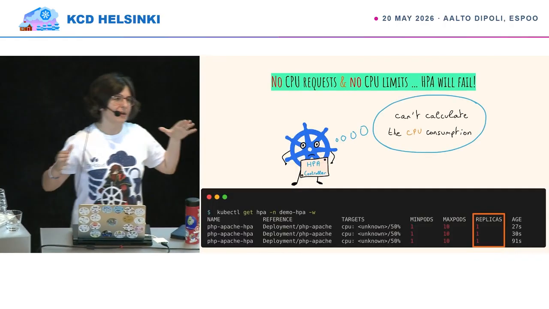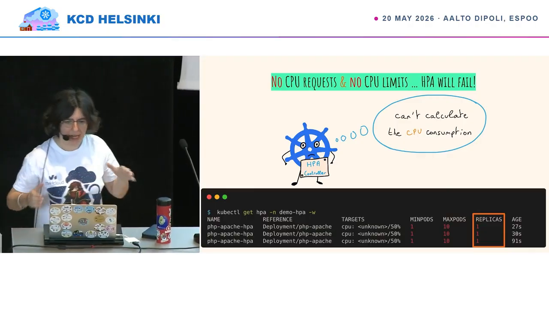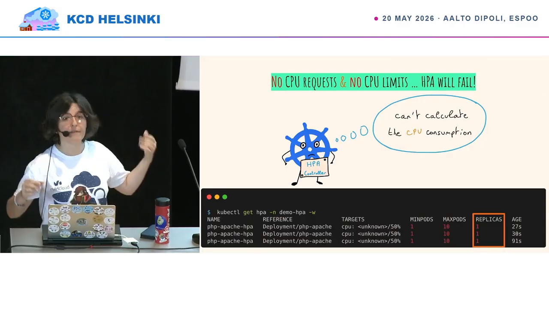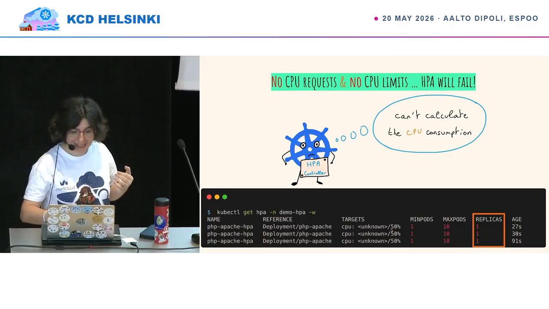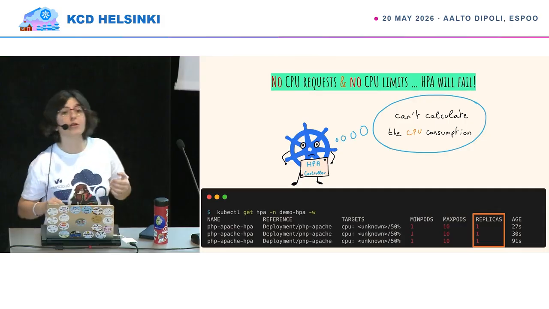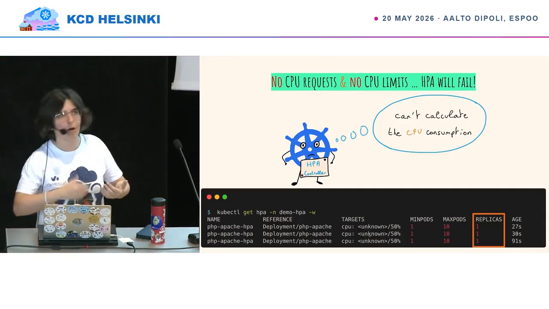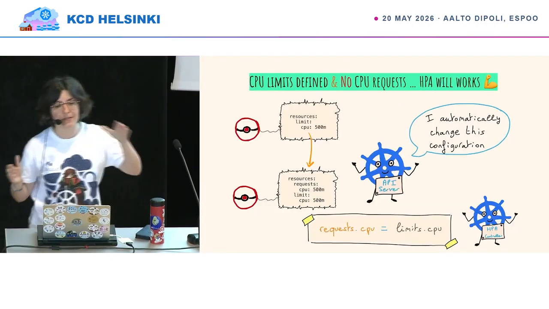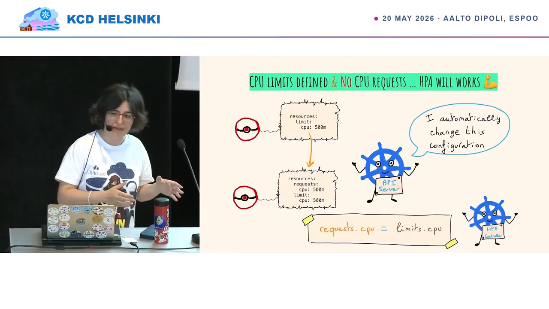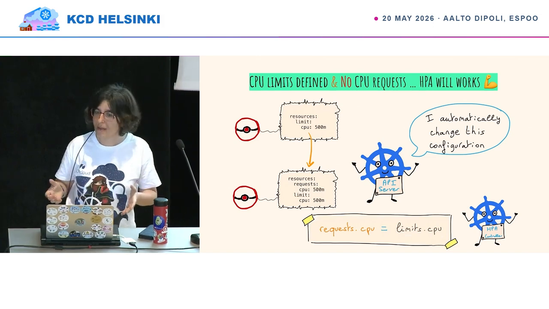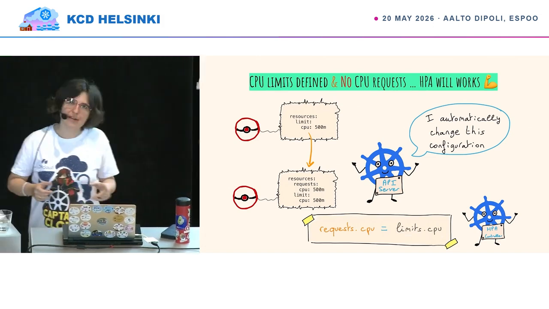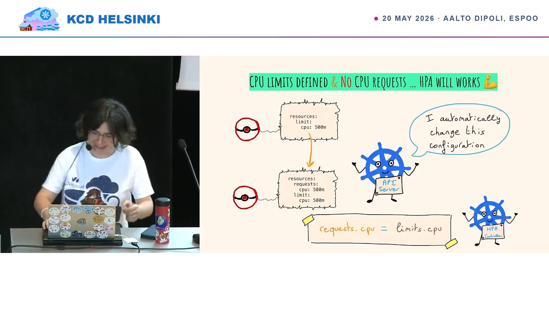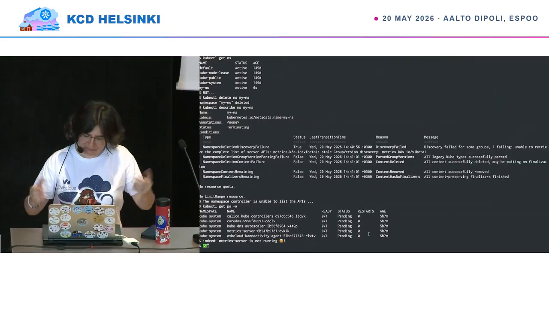So if you define a deployment without any CPU request and without any CPU limits, the HPA will fail because it can't calculate the CPU consumption. So the number of replicas will never increase. But, there is a but, if you define a deployment with only CPU limits, the HPA will work because of the not so well-known API server superpower. And we'll see it in the demo, of course.